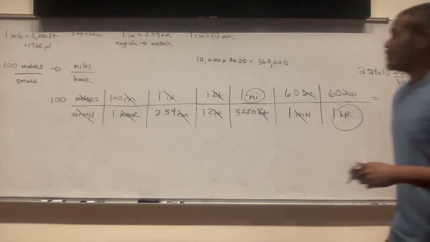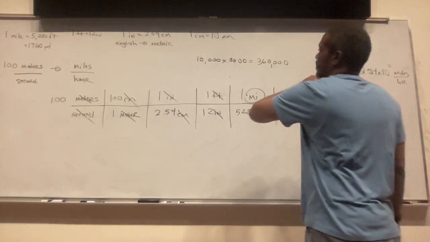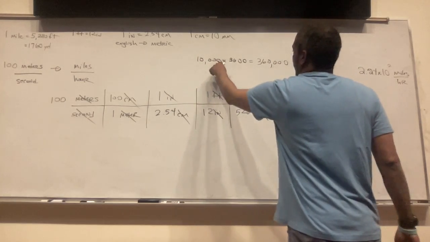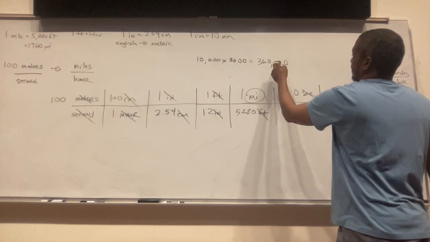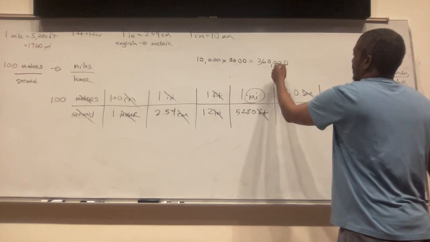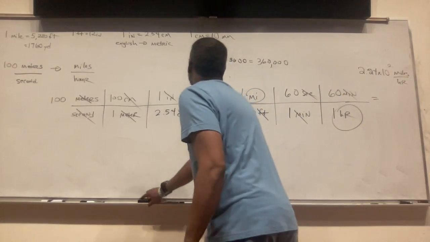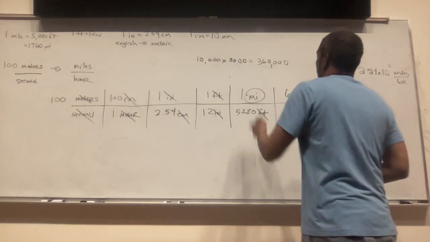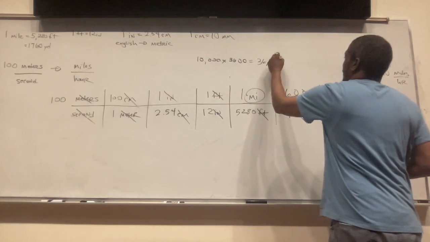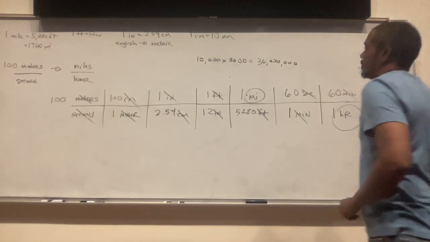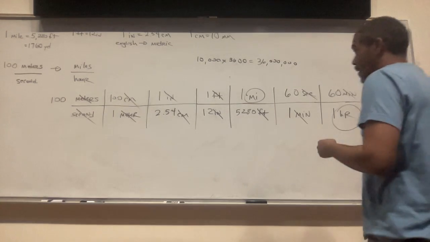Oh, did I do that wrong? It should give you 6 zeros. Oh, I missed a zero. 1, 2, 3, 4, 5, 6. It should be 36 million. My bad. Yeah, 6 zeros. All right.